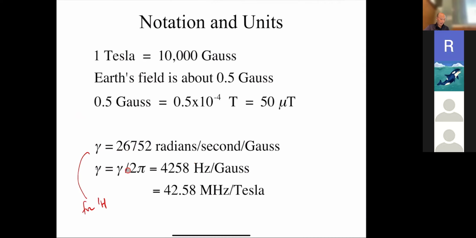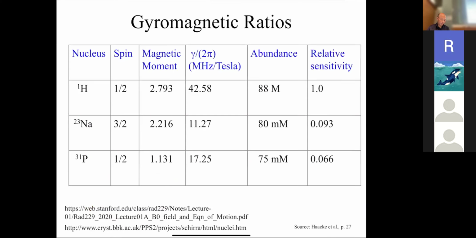If we want to get that into hertz, we divide by 2 pi, and it's about 4,258 hertz per Gauss. That means in the Earth's magnetic field, if I wanted to know the Larmor frequency, let's get at that in a moment. We'll use this to calculate the rate at which the spins are precessing.